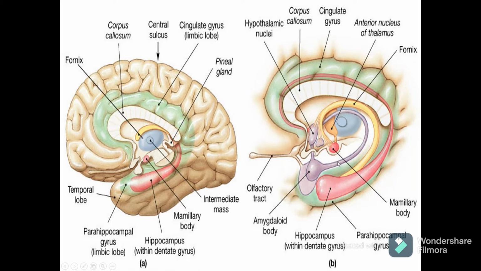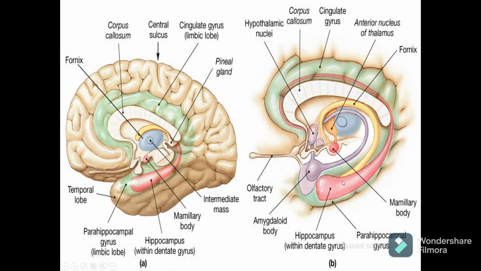If you see the detailed view, the hypothalamic nuclei lie here. Then the cingulate gyrus, then the anterior nucleus of thalamus, then the mammillary body.